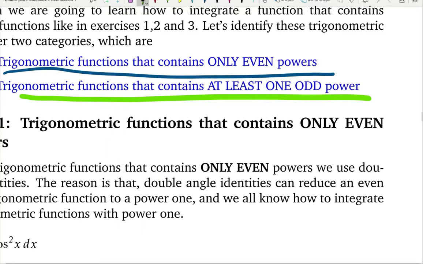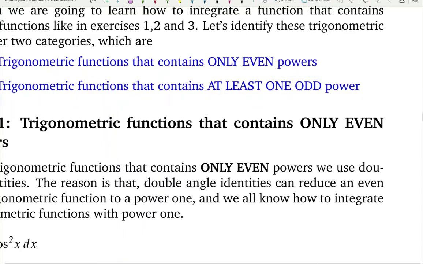It's either going to be double angle identities or Pythagorean identities you have to use. So when you see an odd power, it's Pythagorean identities. But if you see only even powers, you use double angle identities. Let's discuss the odd power case in a future video. In this video, let's discuss how to solve integrals when we have only even powers.